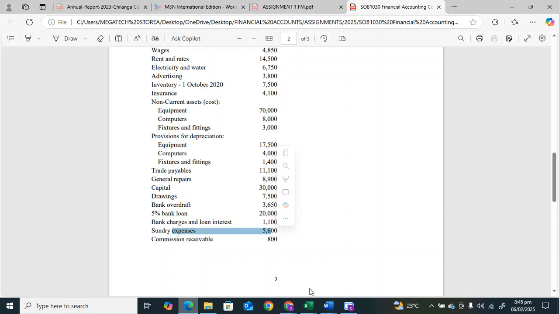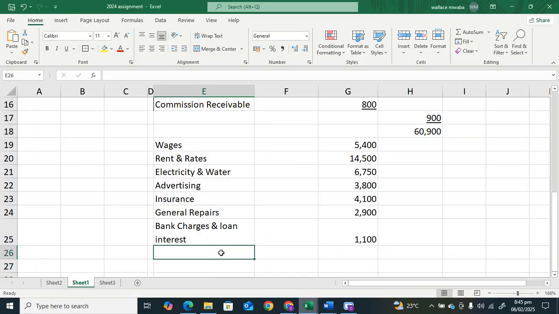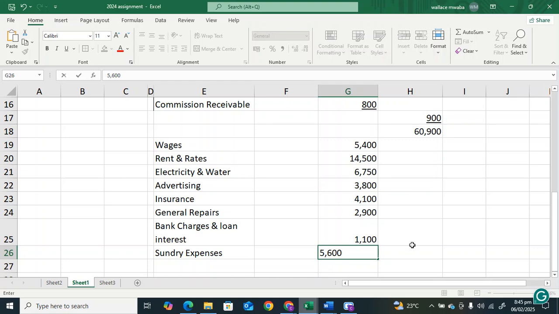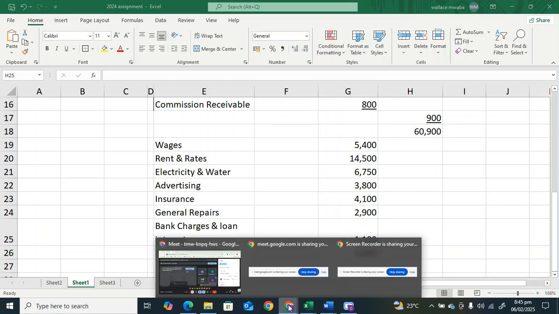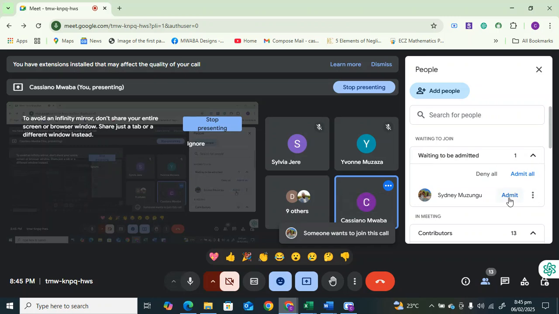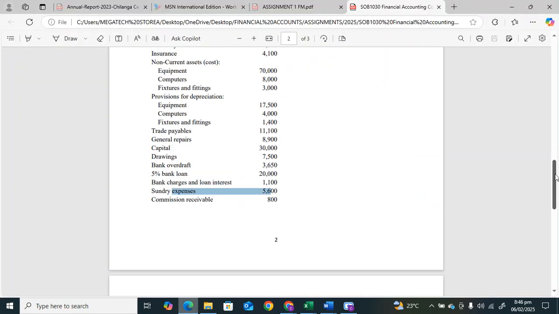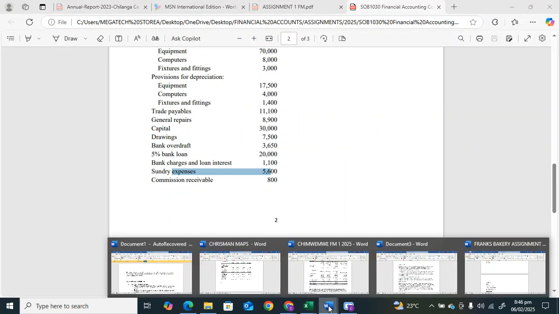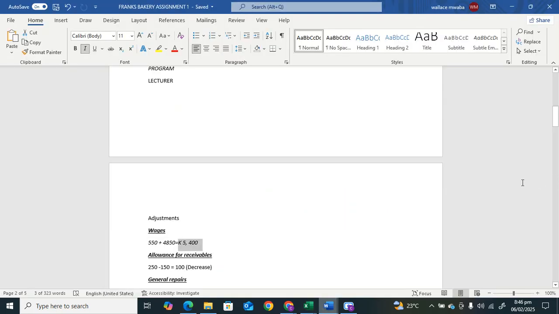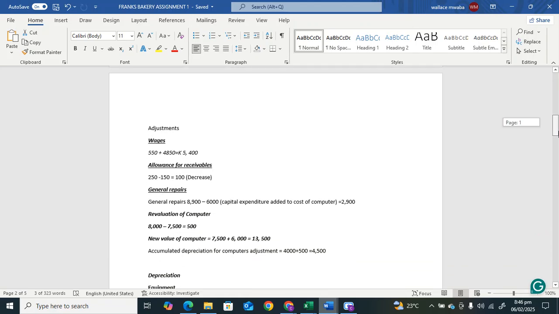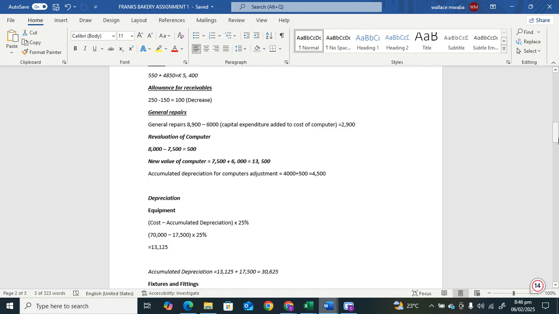Sundry expenses 5,600. This 500 loss in revaluation of computer.